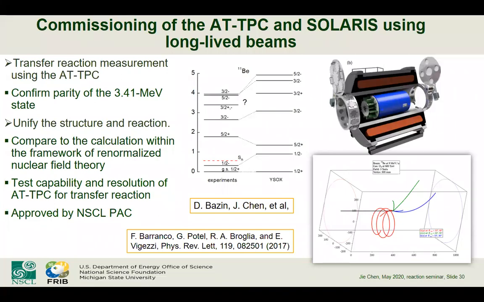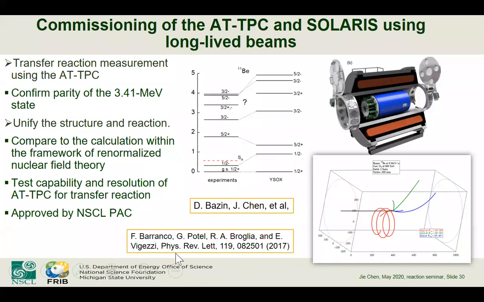And with this measurement, we can also confirm the spin parity of the 3.4 MeV state, which has not been confirmed yet. We can also compare our result with the calculation within the framework of nuclear field theory in this paper.